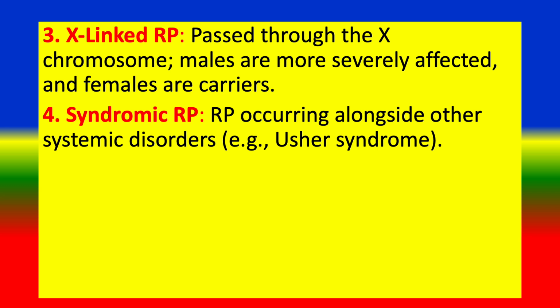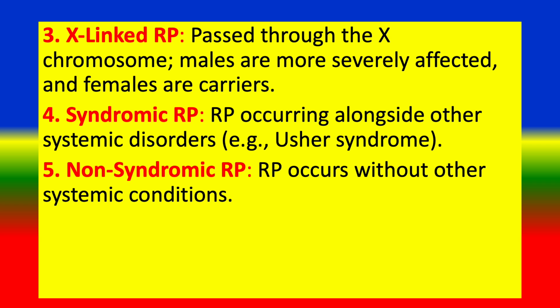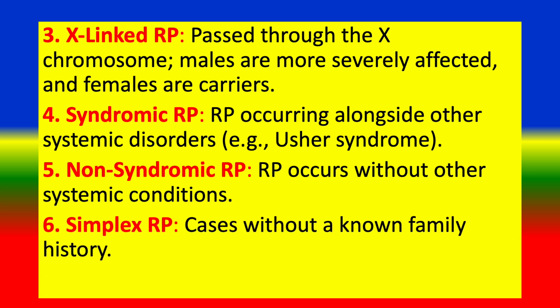Example, Usher syndrome. 5. Non-syndromic RP, RP occurs without other systemic conditions. 6. Simplex RP, cases without a known family history.